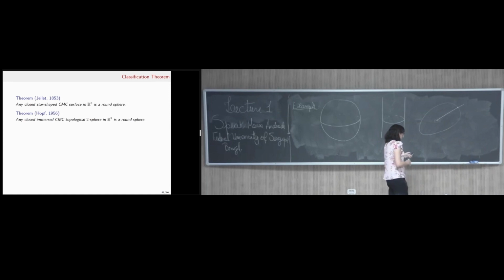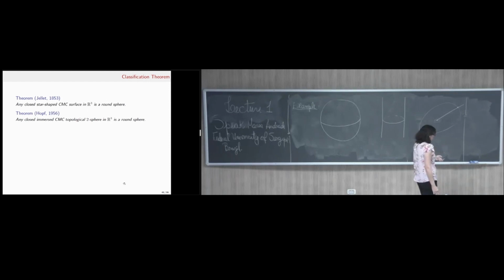And the natural question here is whether you can remove this hypothesis, the topology of a sphere. Remember when I talked about some important facts about topology, you can show that the characteristic of the sphere can be calculated. Hopf asked if we can remove this hypothesis.